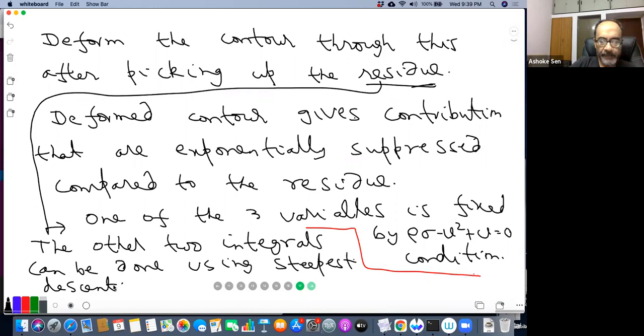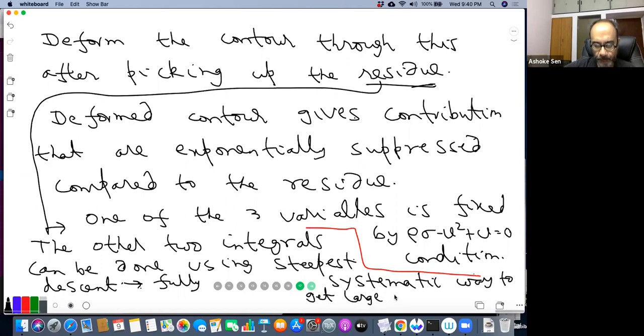And this basically gives a fully systematic way to get the large charge expansion. Okay.